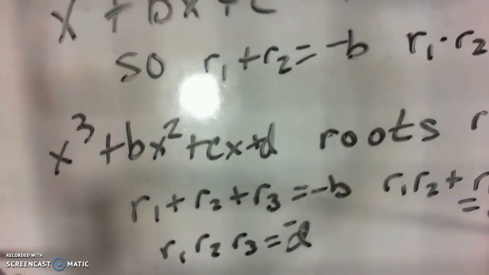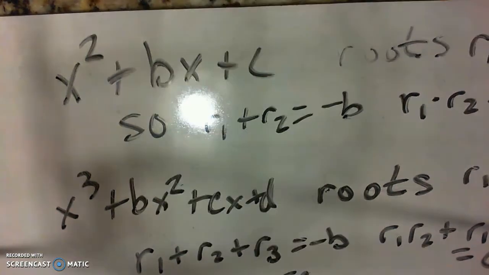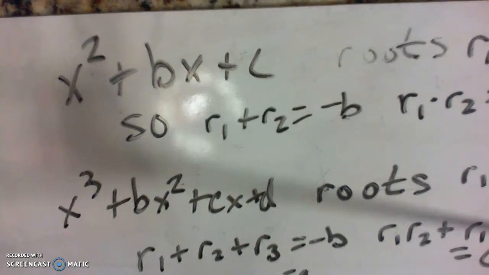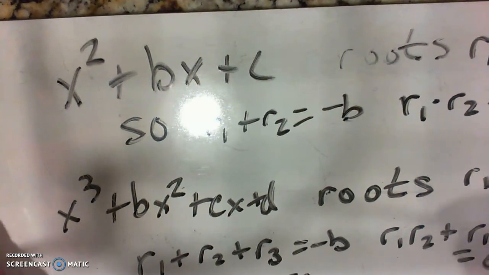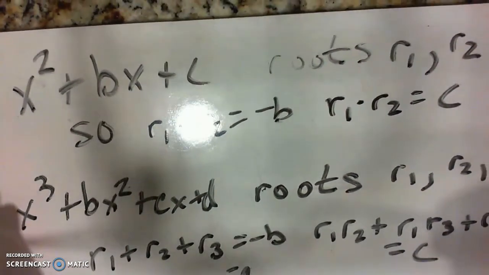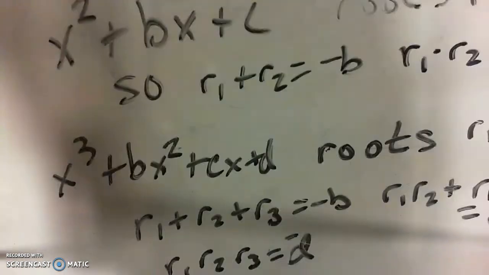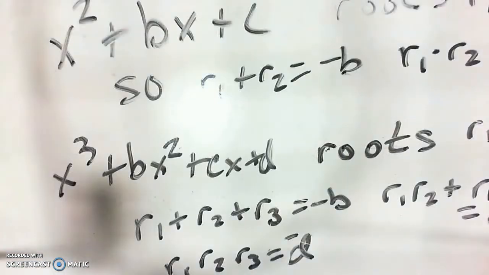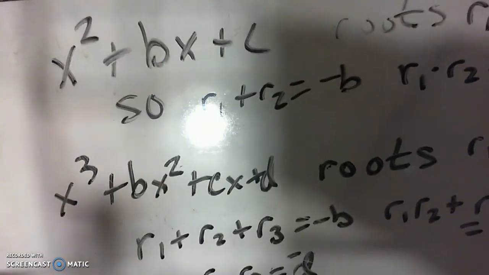And if I take the quadratic here first, we know that the quadratic of the form x squared plus bx plus c, if my roots are r1 and r2 like I have up there, then the relationship between them ends up being that r1 plus r2 is equal to negative b, and r1 times r2 is equal to the c value.